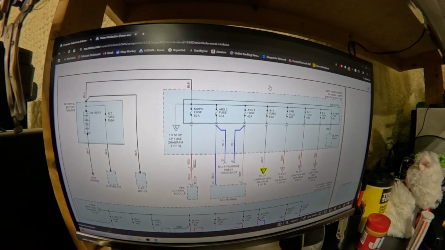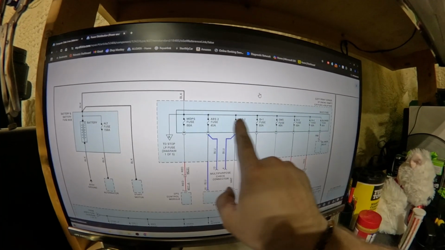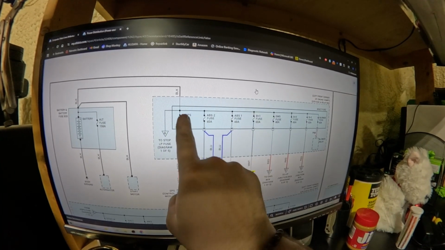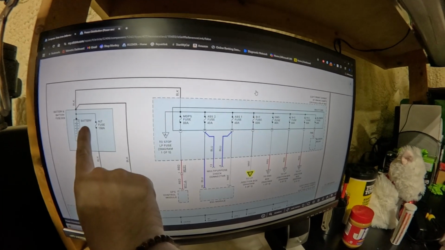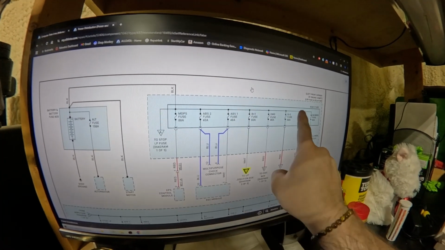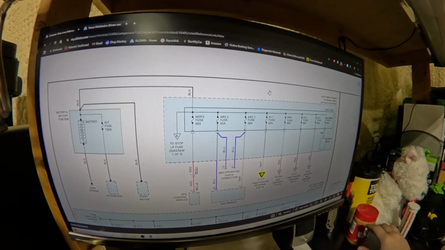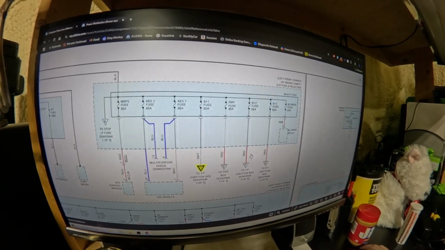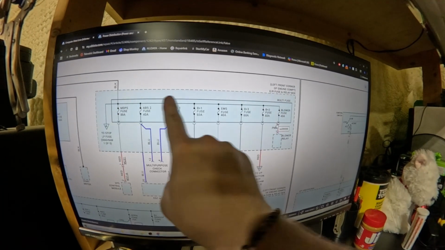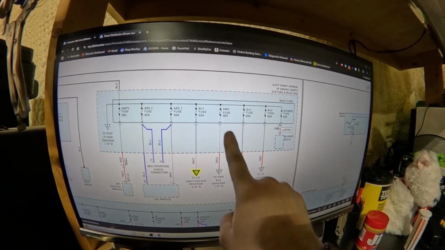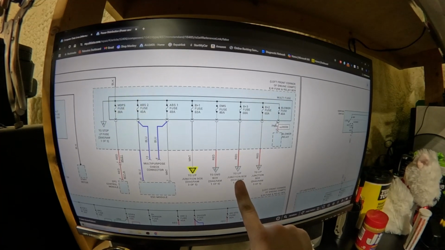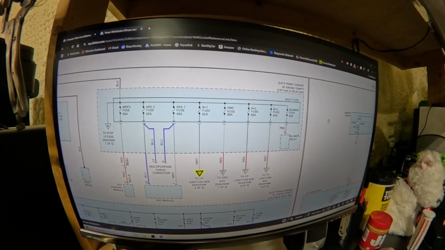So from there, if you look, it's all on one big lead straight to the battery. So this should be hot at all times, straight from the battery. Which means that if this is hot at all times, there's no relays, no switches, no nothing, it's just a fuse. It means that trace F should be hot at all times.